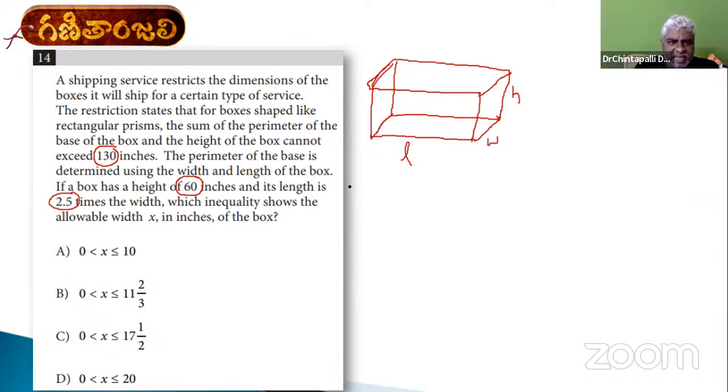The sum of the perimeter of the base and the height of the box cannot exceed 130, so it must be less than or equal to 130. The perimeter of the base is determined by using the width and the length. The box has a height of 60 inches.